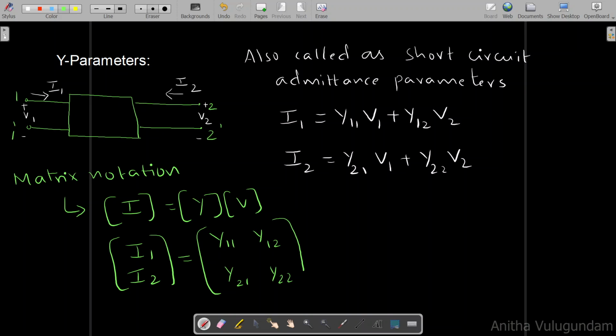The suffixes are named in such a way that this is the first row, first column element, first row, second column element, second row, first column element, second row, second column element. And the voltage matrix is a column matrix again.